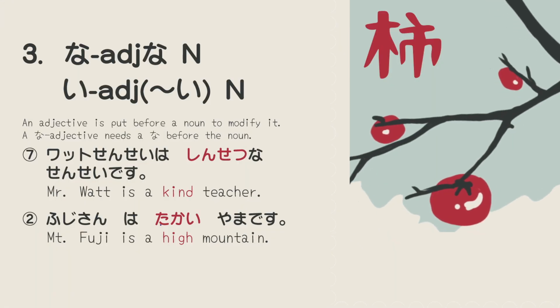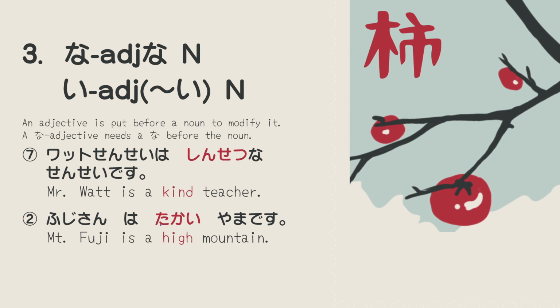Our next part of our lesson is na adjective and i adjective used as a noun modifier. Okay, a noun modifier. An adjective is put before a noun to modify it, to basically expound on what kind of noun it is. So we add an adjective, for example, beautiful girl, handsome boy, delicious food, and so on.